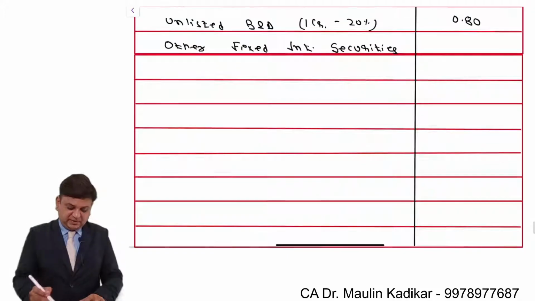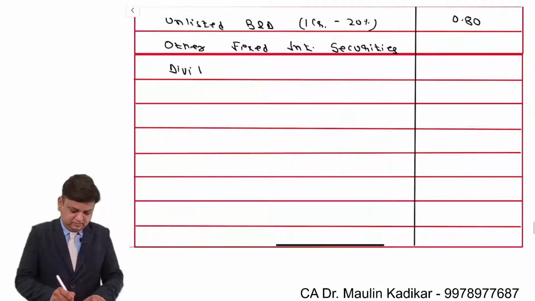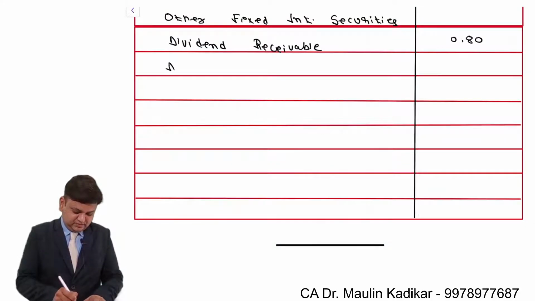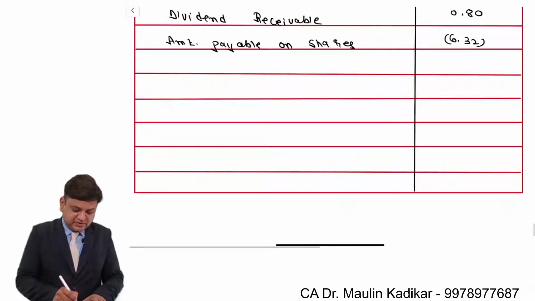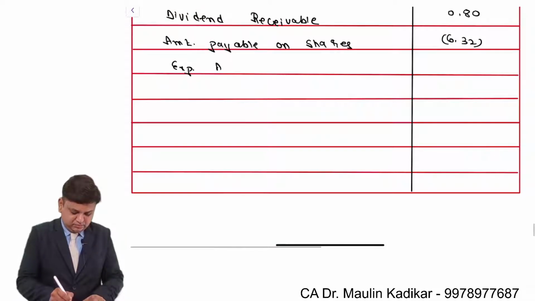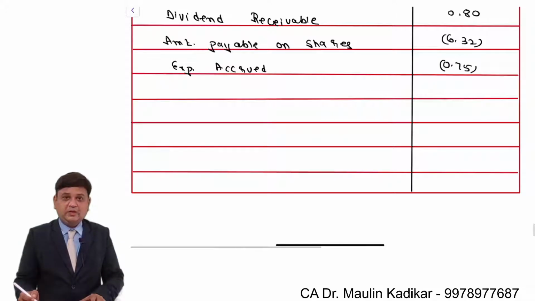Next is dividend receivable. It is an amount of 0.8 crore. Next is amount payable on shares, ₹6.32 crore. Expenditure accrued, ₹0.75 crore.